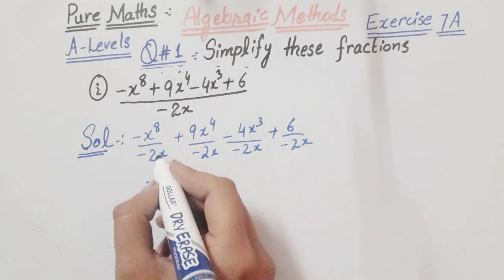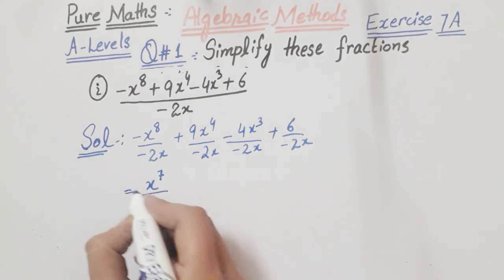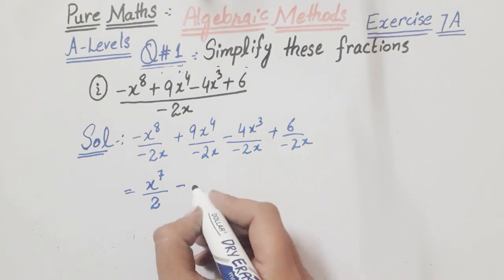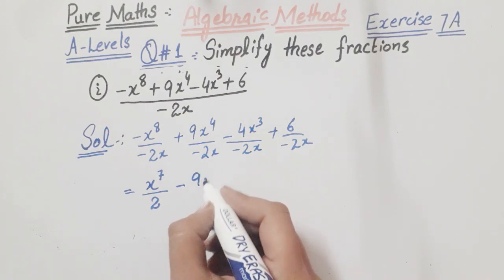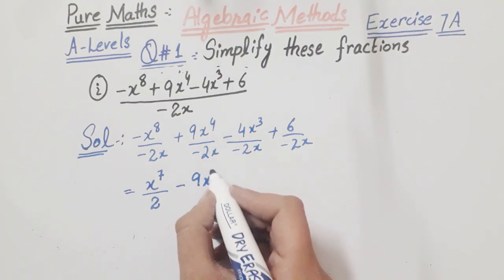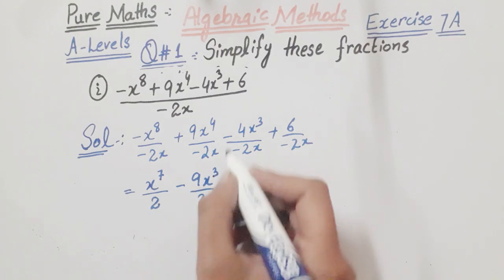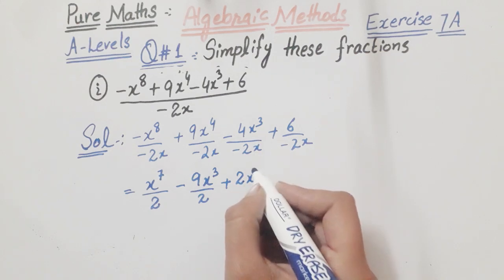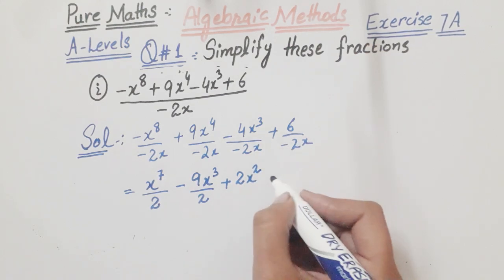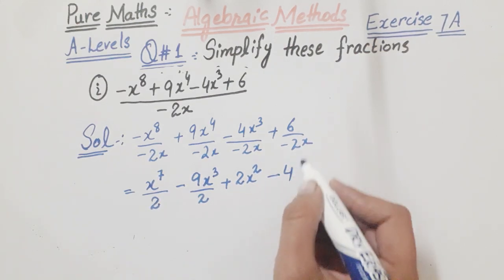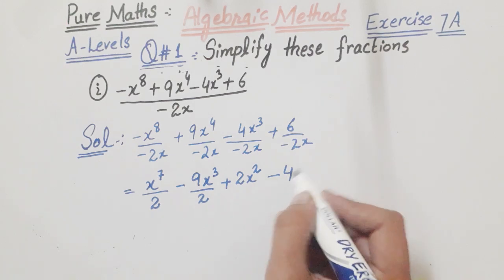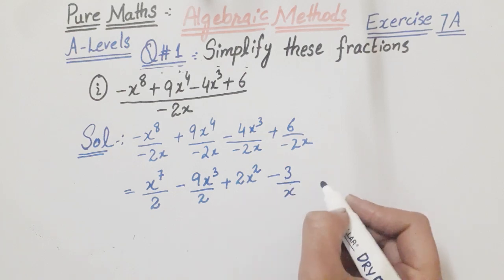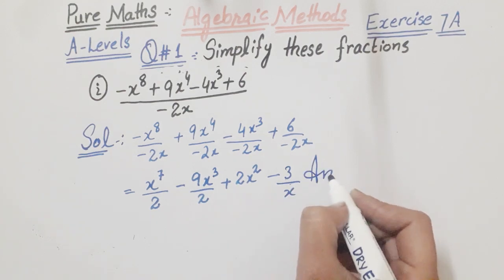So x^(8-1) is x^7 by 2. Plus minus is minus, so we have 9x^(4-1) is x^3 by 2. Minus minus is plus, so we have 2x^(3-1) is x^2. And we have minus 4 minus 3 by x. This is the simplest form and this is the answer.